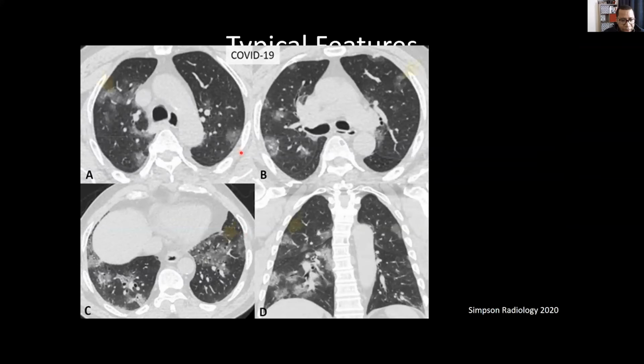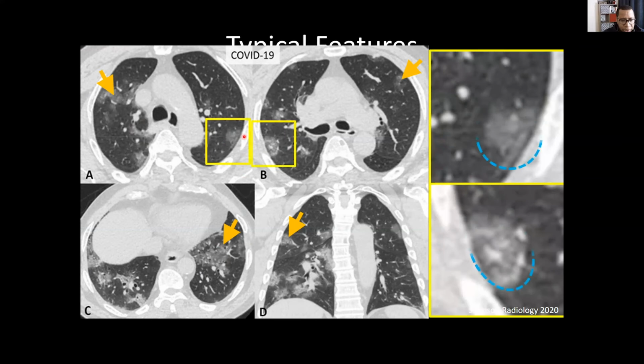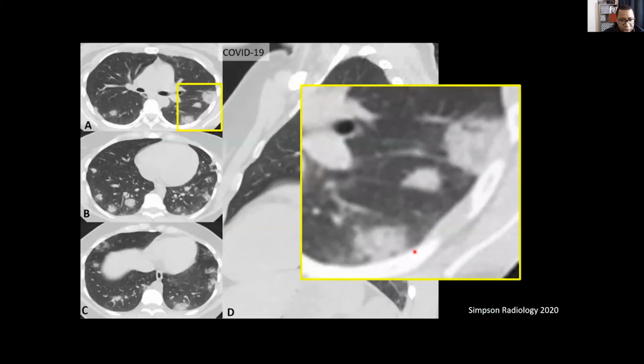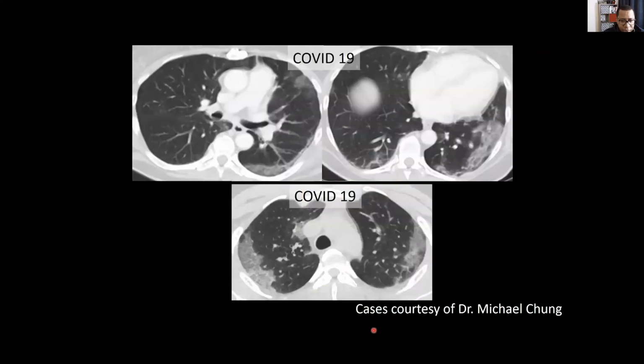Again, you have these ground glass opacities, some of them with these rounded morphologies, peripheral, or more typical findings of COVID-19. And again, rounded morphology, as you zoom in, from my colleague Scott Simpson.